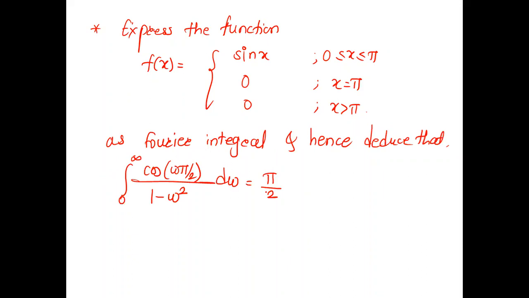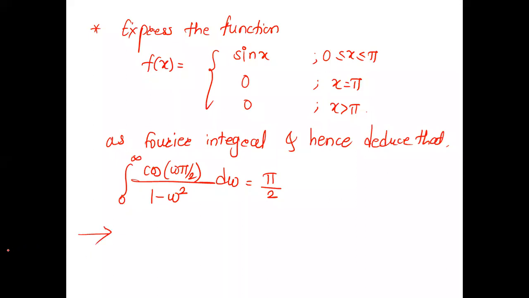So which part is not solved? The omega part. These are the limits of omega, so the omega part is not solved. It is there as it is. Only the s part is solved in the Fourier integral, and from that you have to show this.